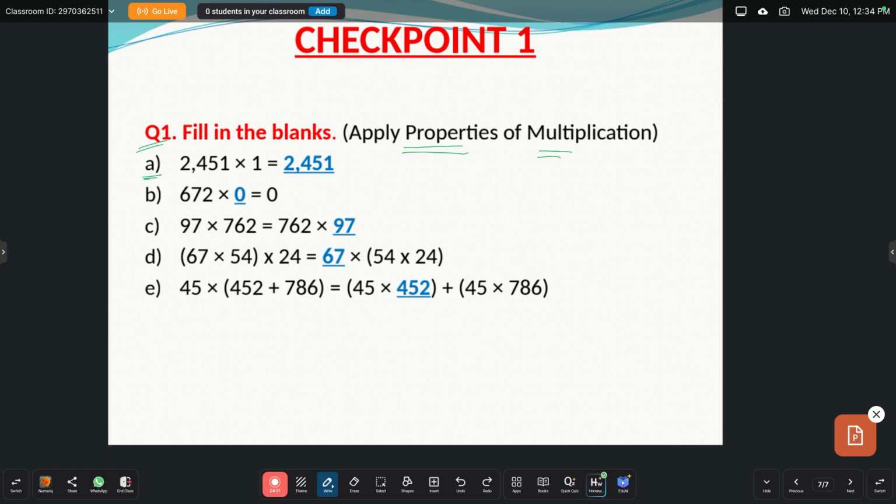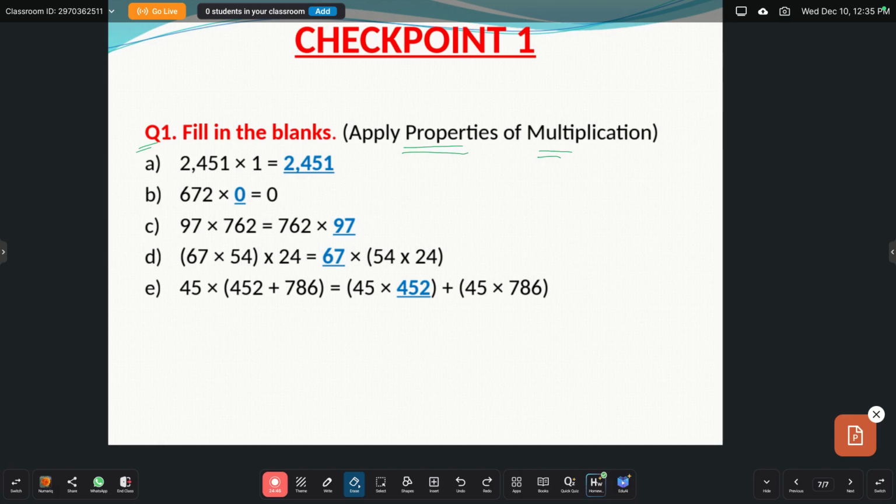So part number A is 2451 multiplied by 1. Recall the identity property. That said that if you are having any number and you are multiplying that number by 1, what is the answer? The answer is the number itself. Yes, we studied the identity property.